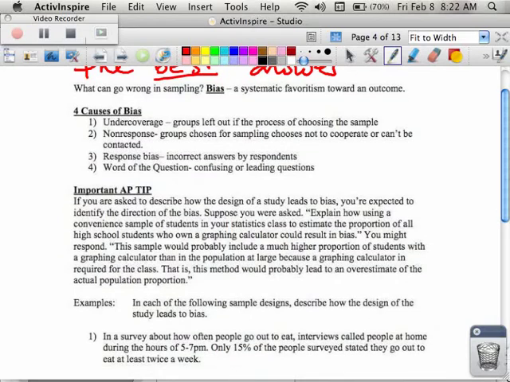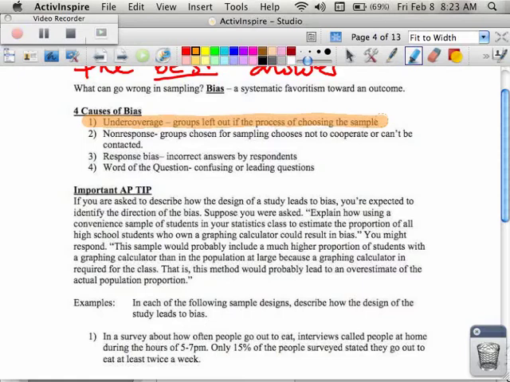When you're surveying, there is a problem called bias. That's when you take a sample, and that sample could show favoritism. There are 4 causes of bias that we talk about in our class. One kind is called undercoverage. That's when groups are left out of the process when you're choosing the sample.